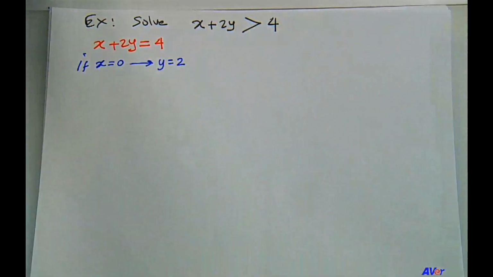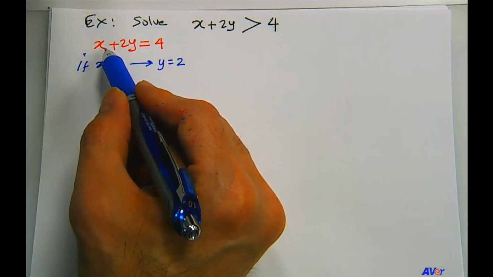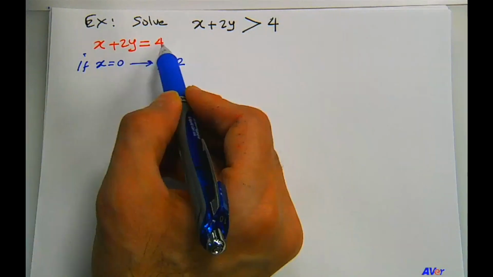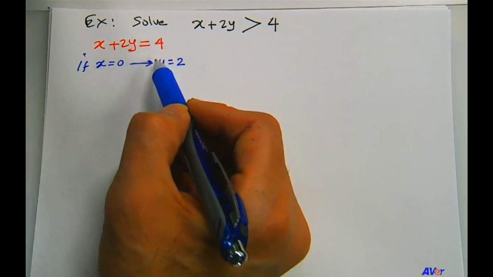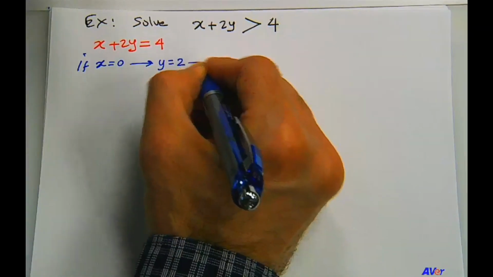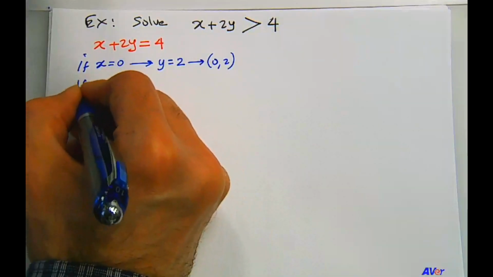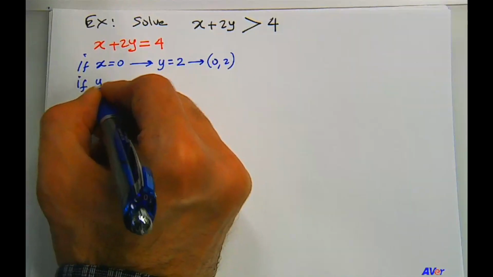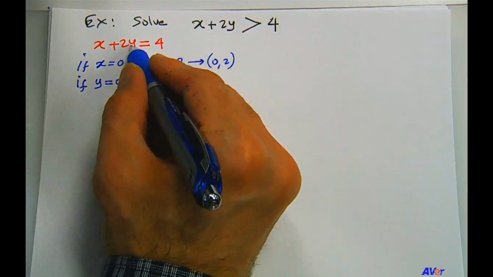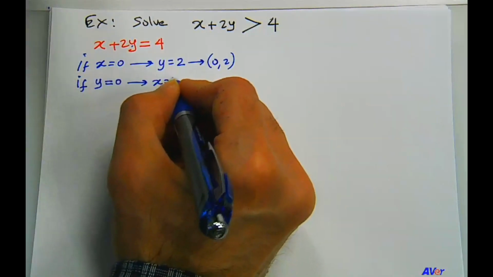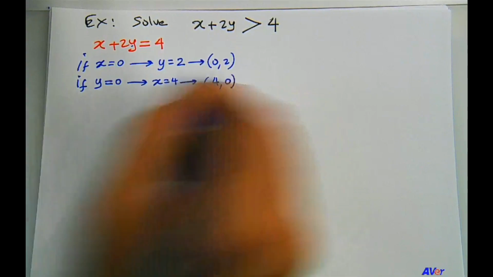If we plug in 0 for x, then you get 2y equals 4, and y equals 4 divided by 2, which is 2. So the y-intercept is (0, 2). Now the x-intercept, which means y equals 0. Plugging in 0 for y, x equals 4, so the x-intercept is (4, 0).